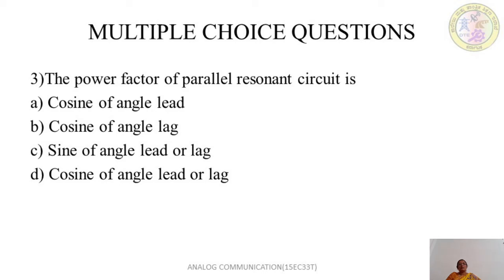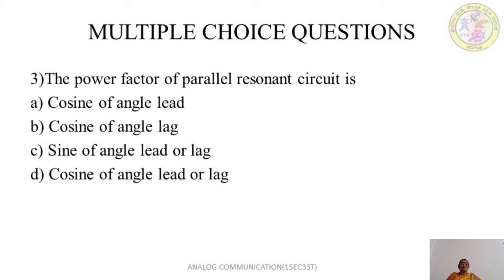Next, the power factor of parallel resonant circuit can be given by cosine of angle lead, cosine of angle lag, sine of angle lead or lag, cosine of angle lead or lag. The answer is cosine of angle lead or lag, that is cos phi.